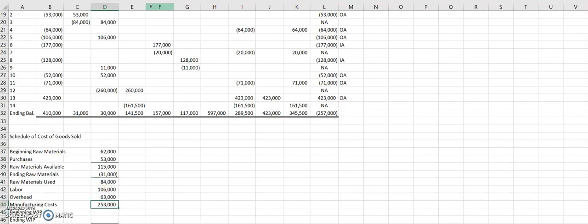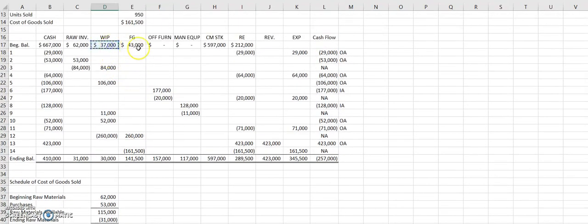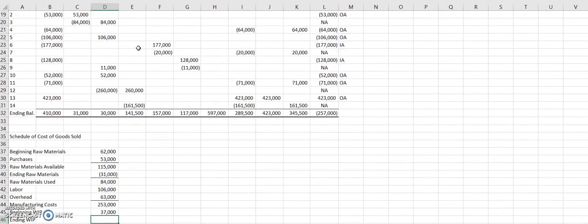a grand total of $253,000 in manufacturing costs. Our beginning work in process balance from our framework was $37,000.